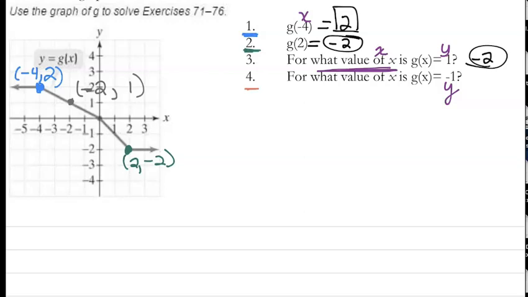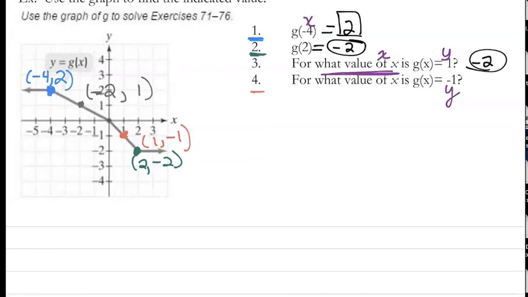So I come to -1 on my y-axis, look right or left, find where it runs into the graph over here. That's the point 1, -1. So when y is -1, our x is 1.